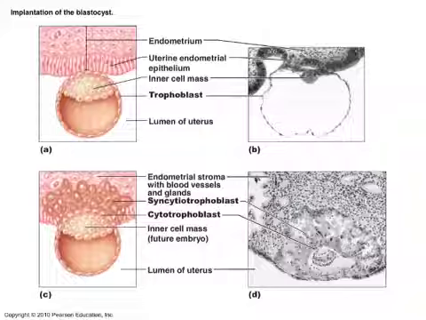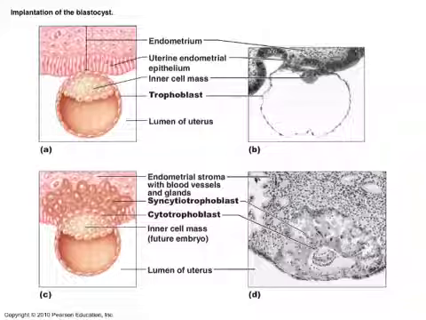This figure goes through the steps involved in implantation of an embryo into the uterine wall. The embryo, or to be more technical, the zygote at this stage is referred to as a blastocyst. Zygote is the earliest stage of development, and then you have the embryo, and then later on you have the fetus.